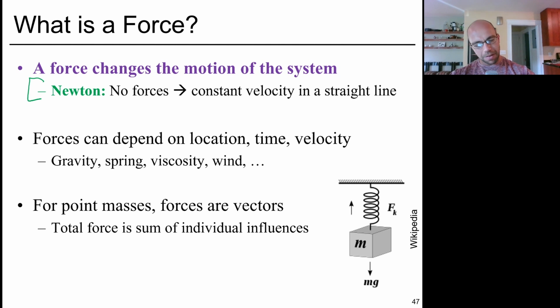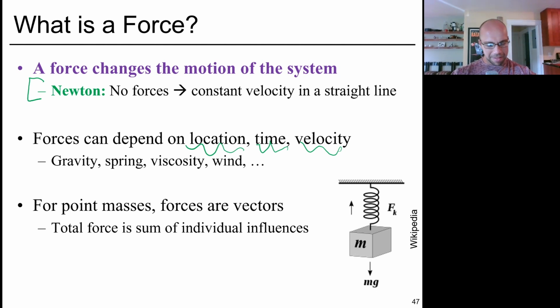And of course, these forces can depend on the location of the particle, what time it is, the velocity of the particle. Any of these things is perfectly fine. The force cannot depend on the acceleration of your particle. That would be non-physical. I suppose it maybe can, but then it wouldn't really fit into Newton's laws. But it would be okay in an animated world. I'd be curious to see what that looks like.